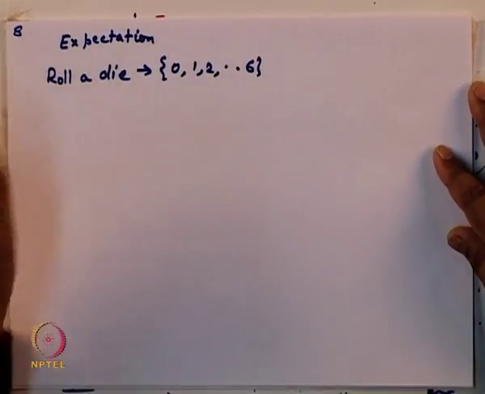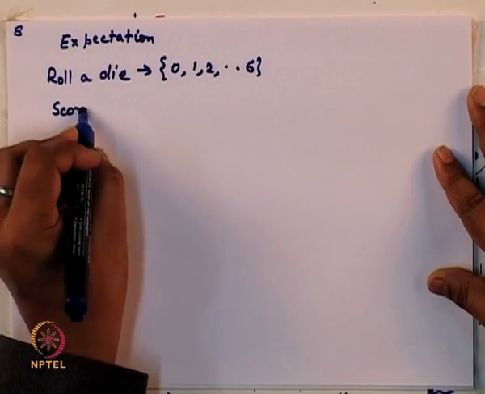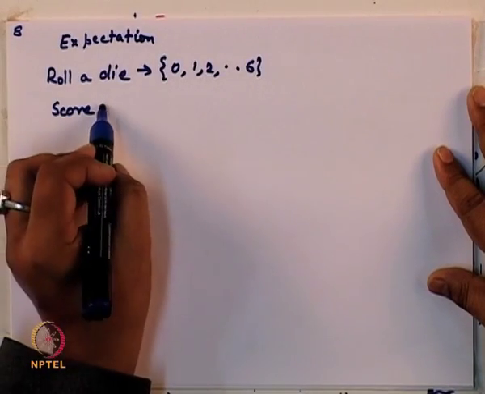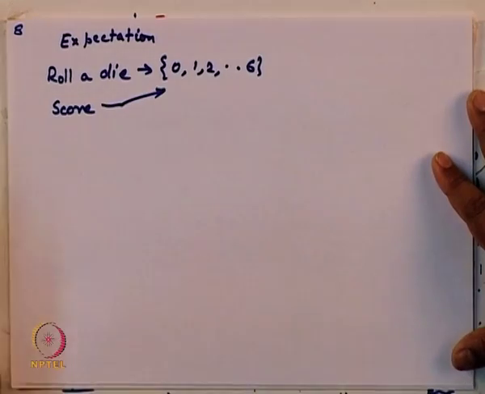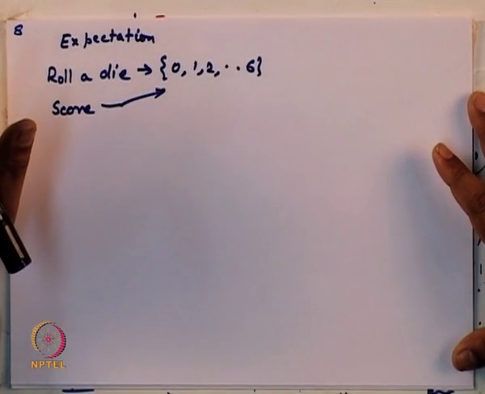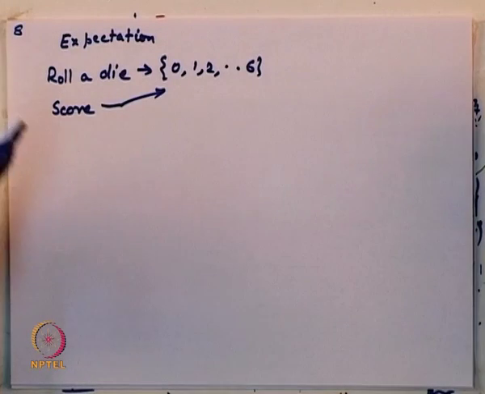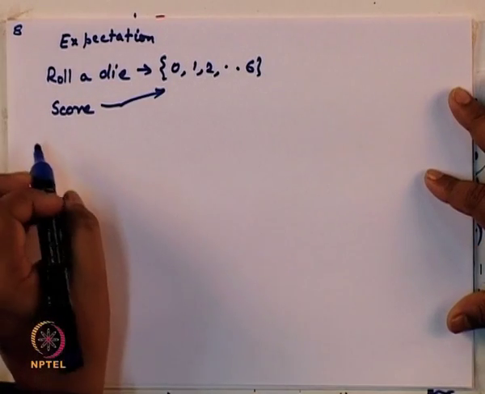And let us say your score is equal to whatever value you get. Roll of a die gives you the score. And you are asked to compute, on an average, how much do you expect to score. And that brings us to the concept of expectation.